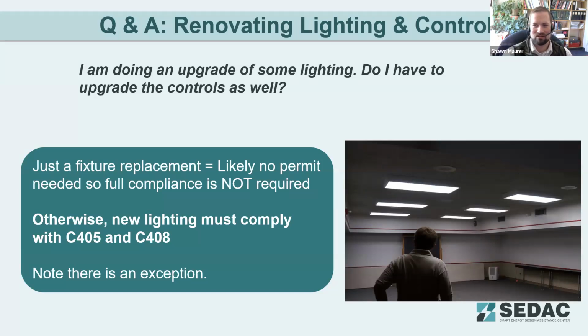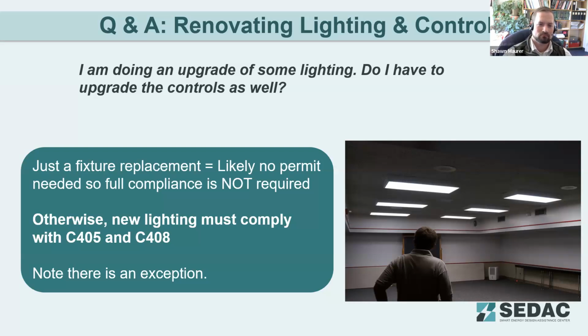If there isn't a permit, there isn't anything that triggers energy code compliance. So for a lot of minor lighting upgrade projects, without that permit, there isn't a requirement for energy code compliance. However, if you're doing a major lighting overhaul, you're replacing lighting in multiple spaces, it's a larger project, those might require a permit.